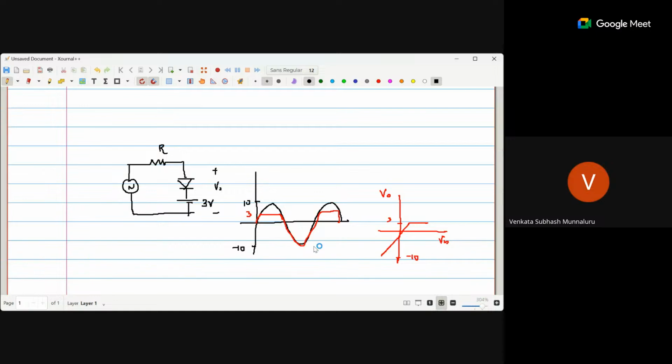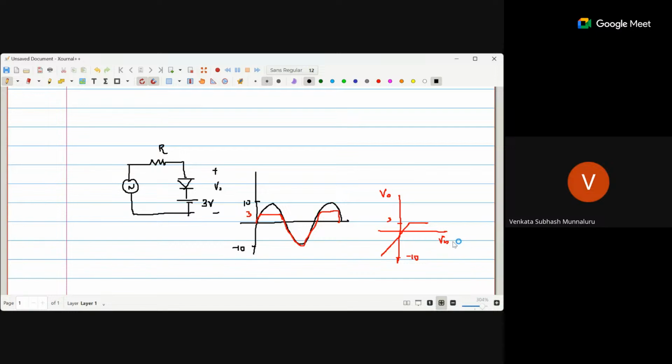Then how can we find the voltage? At that point in time we are neglecting the 3 volt source. No, no. When the input voltage is less than 3 volts, that means the circuit is open circuit.